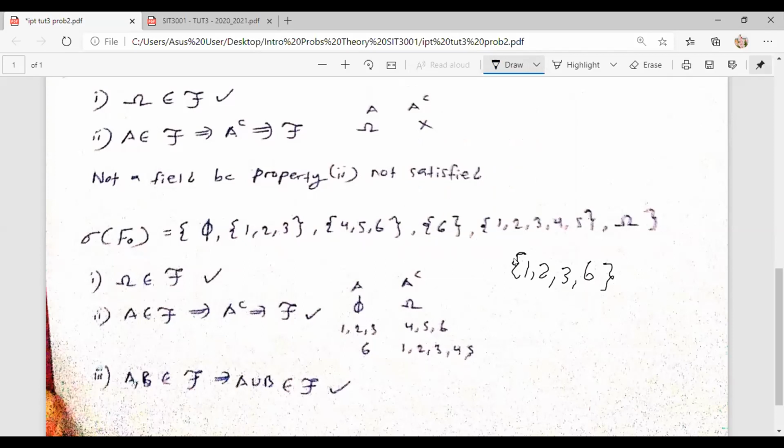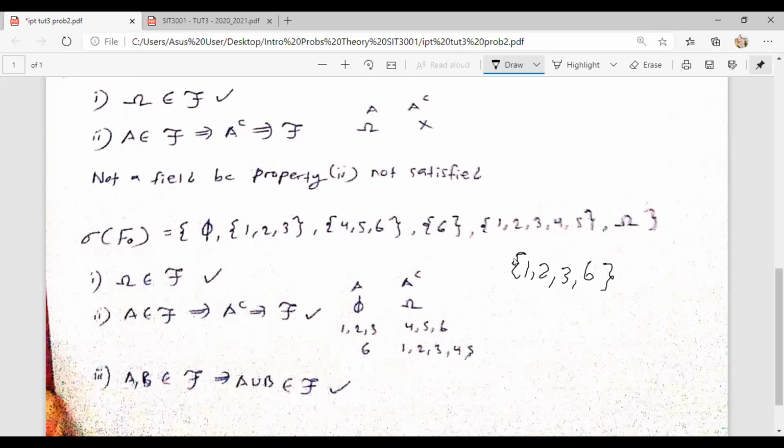I think that's all. You just need one extra, {1, 2, 3, 6}. If you take the union of it with the other sets, they will just lead to omega. So you just left out {1, 2, 3, 6}.